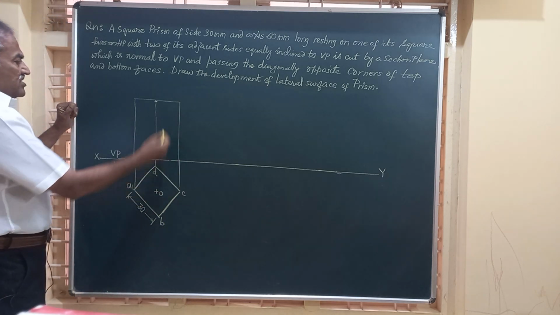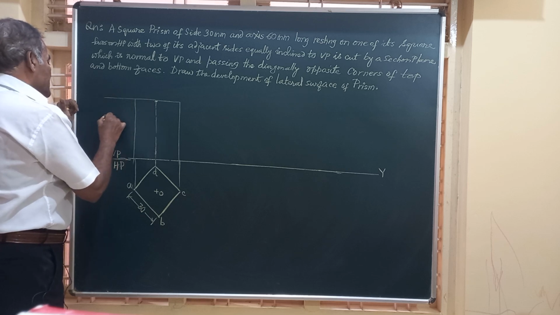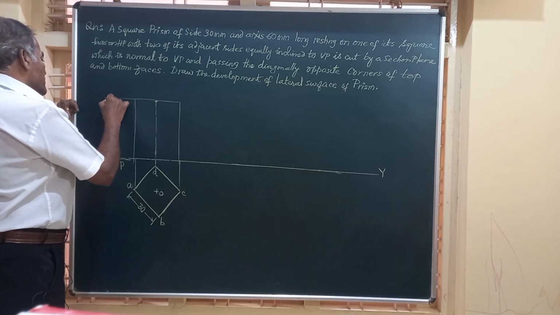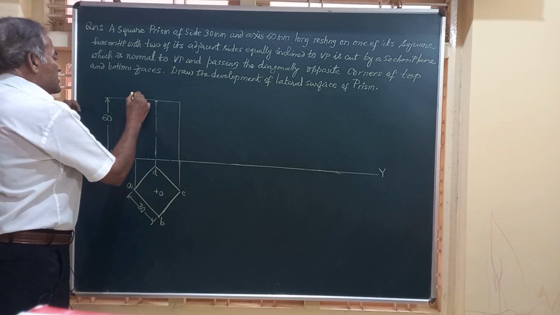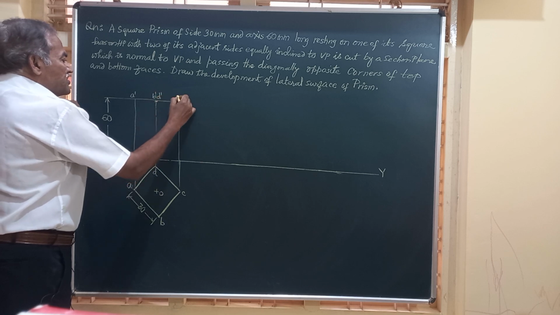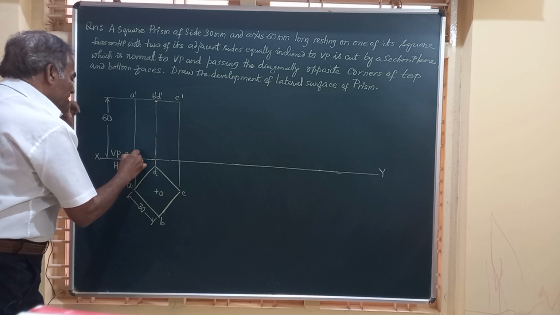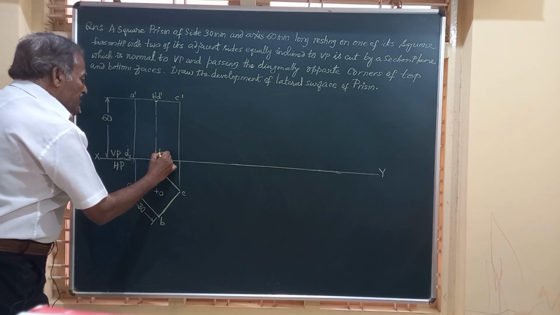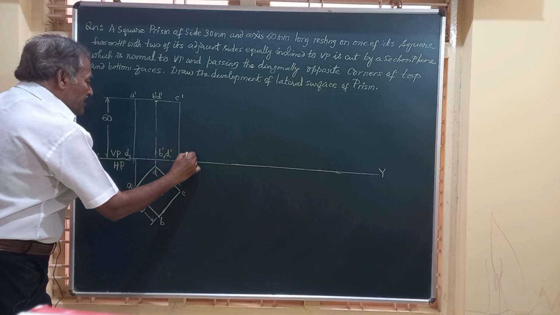So friends, let us number this, and before that we have to mark the height as 60 mm. So this is 60 millimeter, and we will number this as A dash, B dash, D dash, then this is C dash, bottom portion A1 dash, and then you have here B1 dash, D1 dash, this is C1 dash.